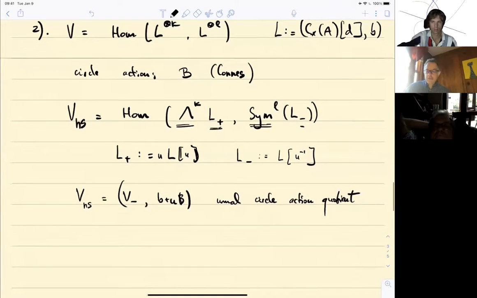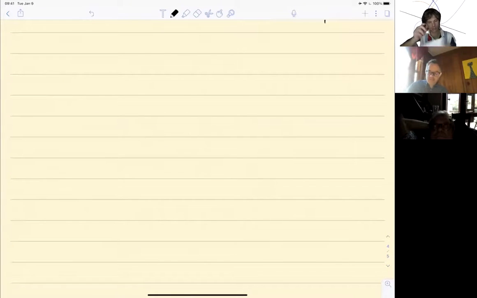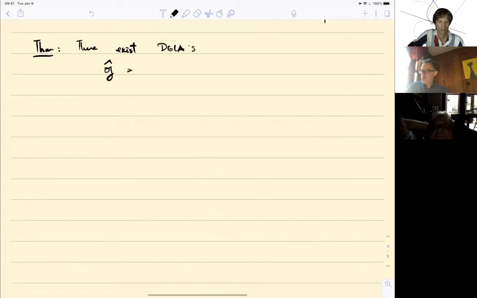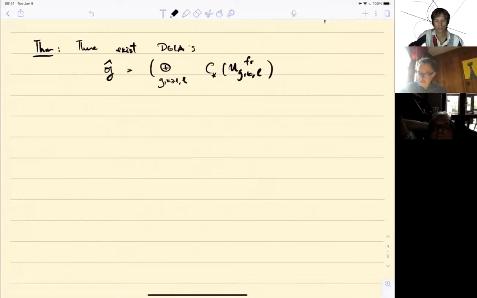All right. So now with these notations, I can state my next theorem. There exist DGLAs G hat, which I can write like this: direct sum over g, k greater than or equal to 1 and L, chains on M_{g,k,L} framed, take this homotopy invariance with the circle action, and with differential del plus h bar delta plus iota, and a certain bracket, which I will call bracket h bar.